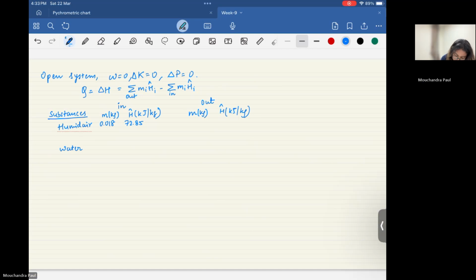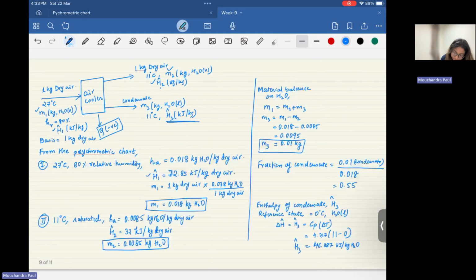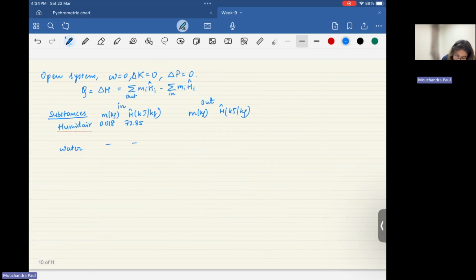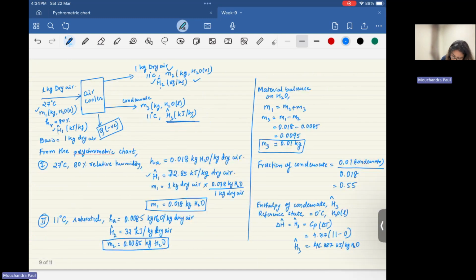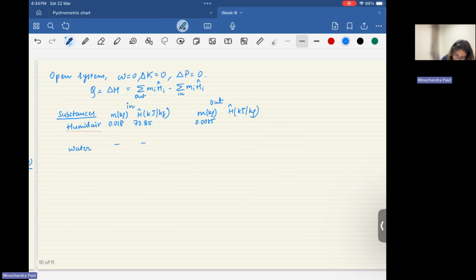Is water coming in? No. What is coming out? First, saturated air is coming out at the mass of 0.0085 and enthalpy H2, which is 32.